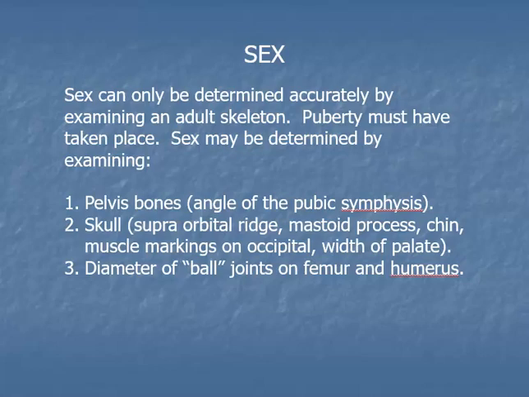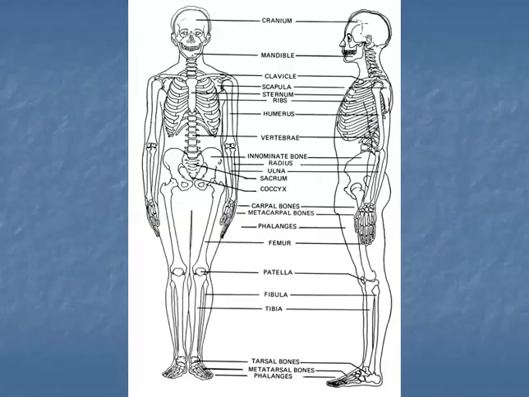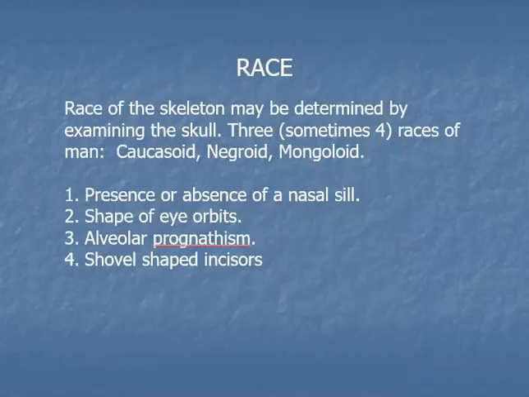Next slide. And here's a chart showing the differences of the different parts of the bones of the body, and you can see from the cranium all the way down to the feet there. But these are the bones of the body that we're referring to. Next slide.